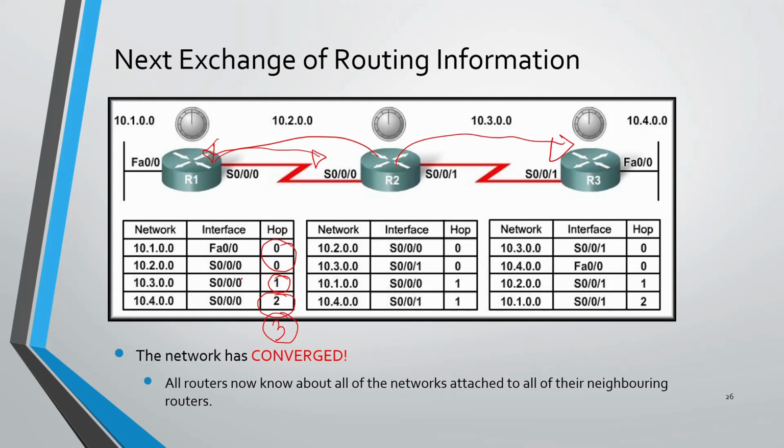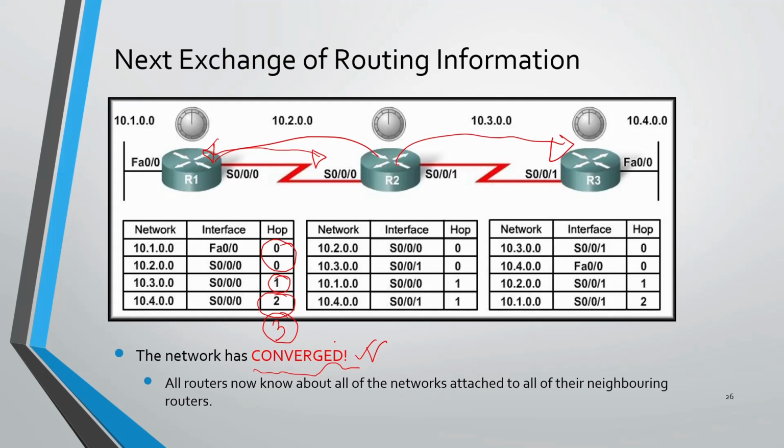Will any new information be added? No, because there is no information left. So at that moment, you can say your network has converged. That means your network is stable. All the routers have the knowledge of all the networks of your topology. So at that moment, your network is converged and stable.